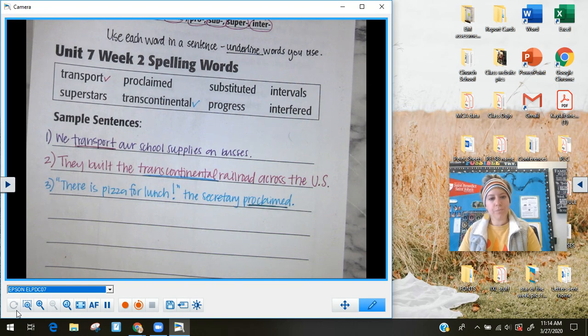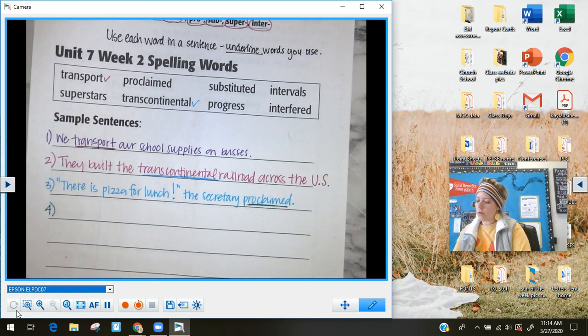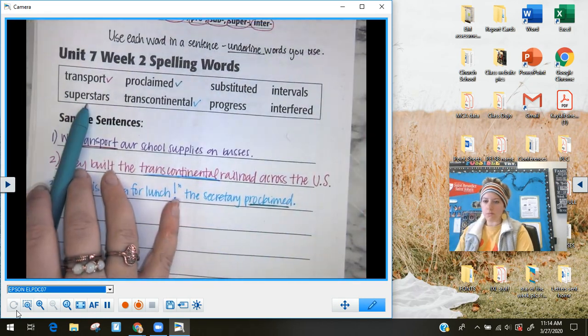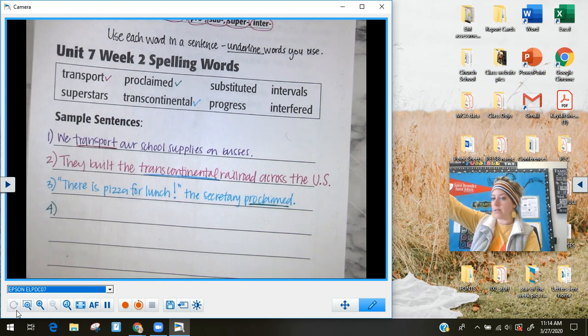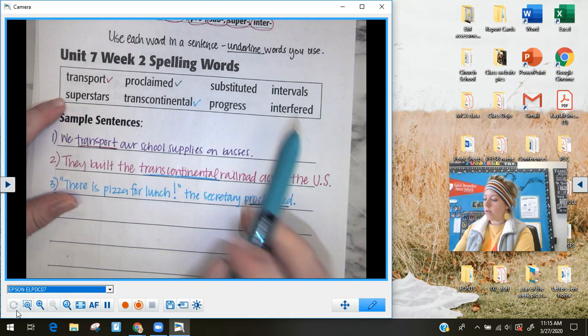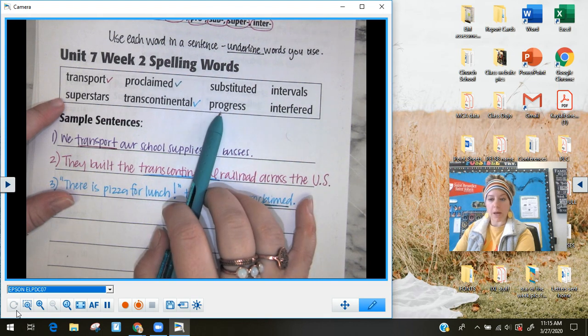Okay. All right, and I'll do one more with you. Let's see, I use this. Superstars, you can think of one yourself, talking about either stars past the stars we can see in our galaxy, or you could even talk about celebrities. Progress, you know what the word progress means. It means you're doing better at something.